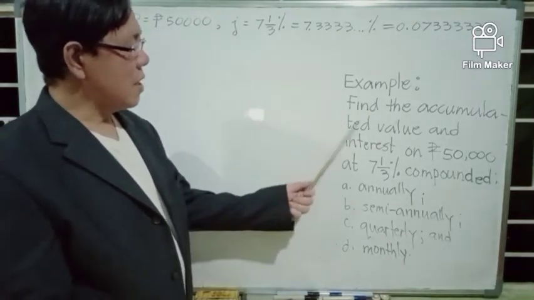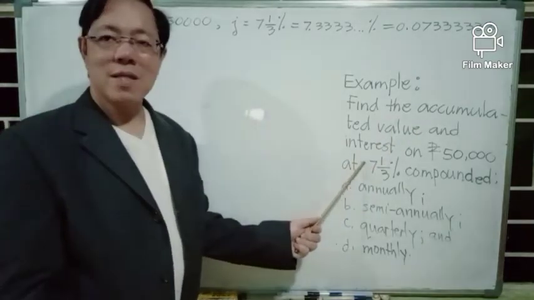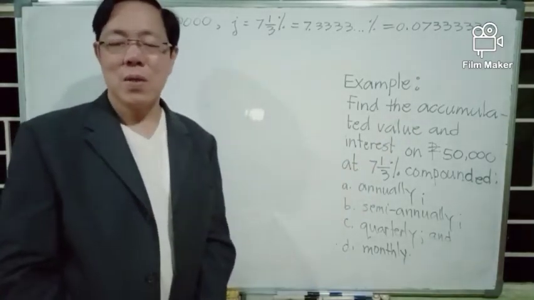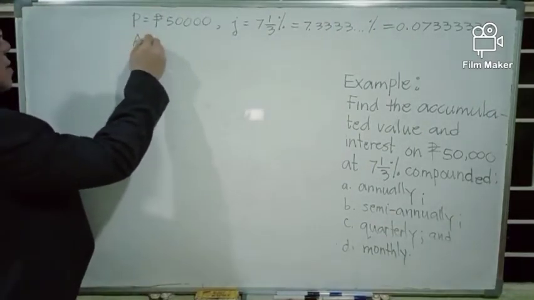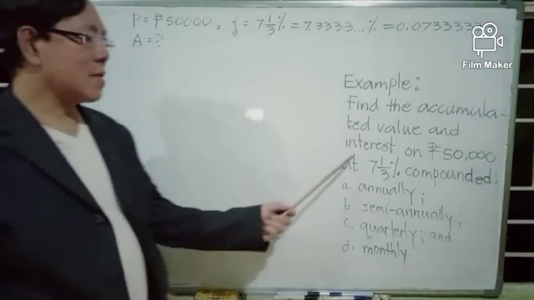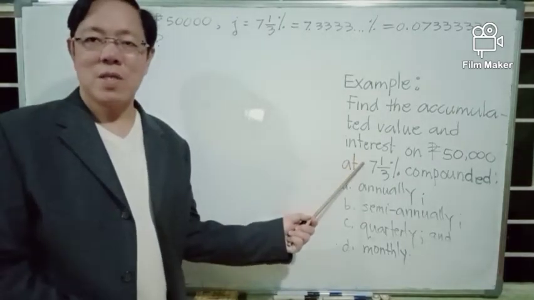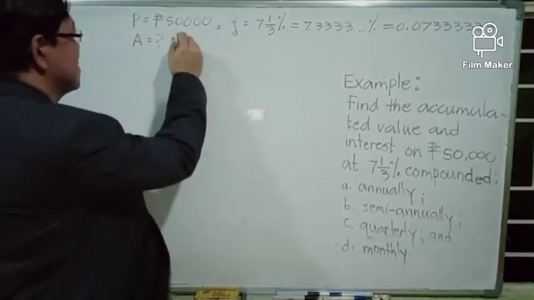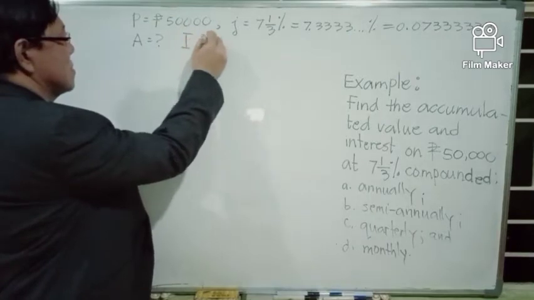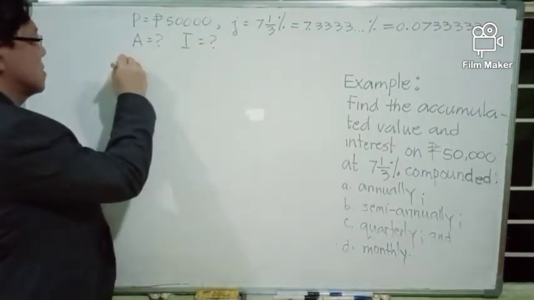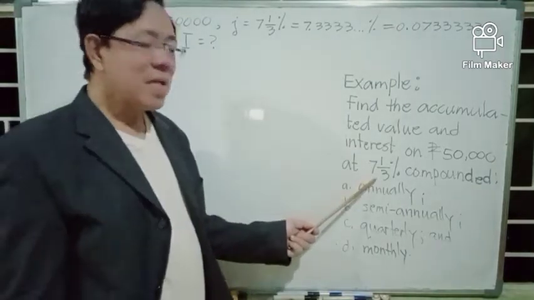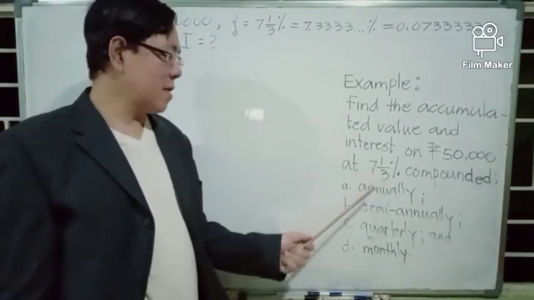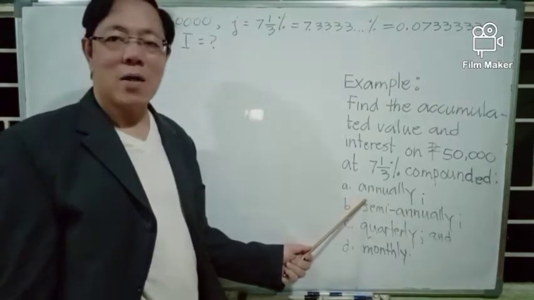Now, the required are accumulated value and interest. Accumulated value is denoted by A. And interest or amount of interest is denoted by capital I. In letter A, the given interest rate of 7 1/3% is compounded annually.